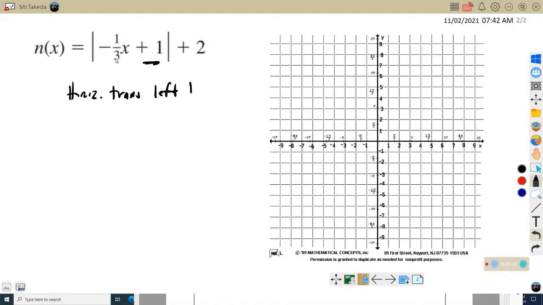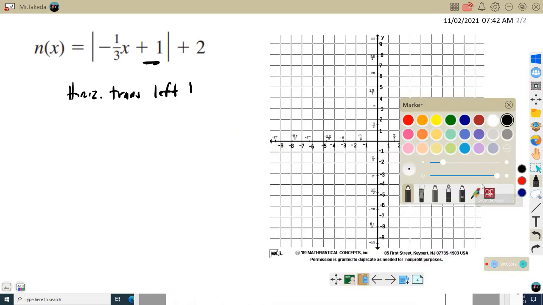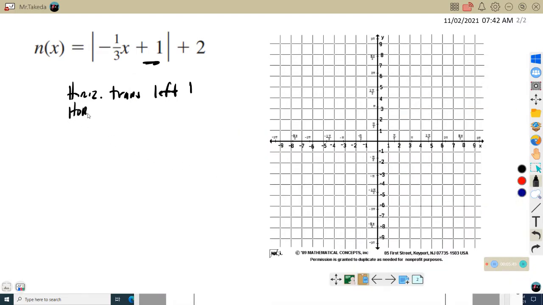First is this, multiplying the input. Here's the input, because we're dealing inside with the x. We're multiplying the input by a fraction. So this is a horizontal stretch by a factor of the inverse of 1/3. It's a horizontal stretch by a factor of 3.